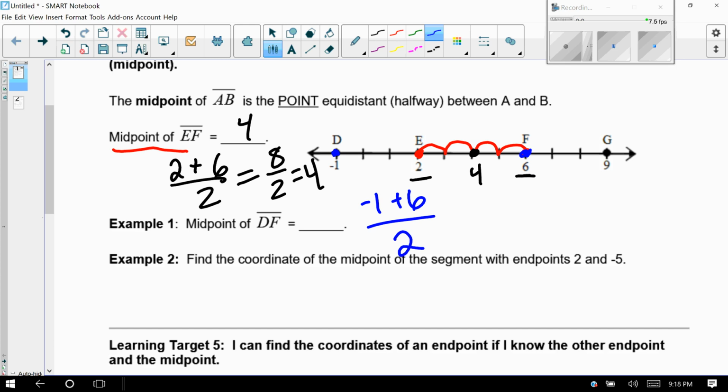Now, if this is a little bit difficult for you, I want you guys to follow along, use your calculators. -1 plus 6 is the same thing as 6 minus 1, which is 5. Divided by 2. 5 divided by 2 is 2.5. So this is equal to 2.5.